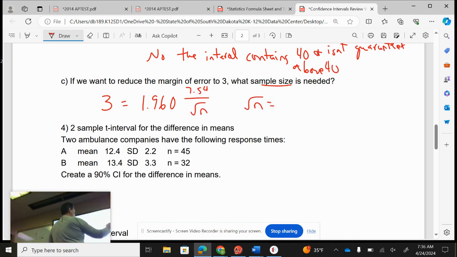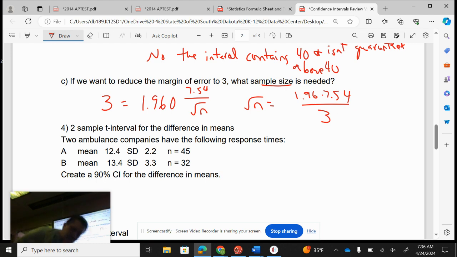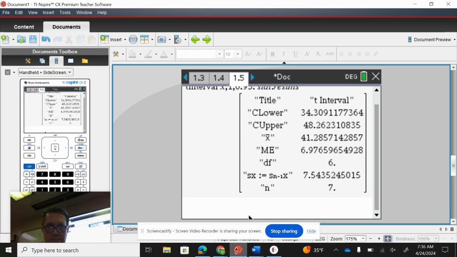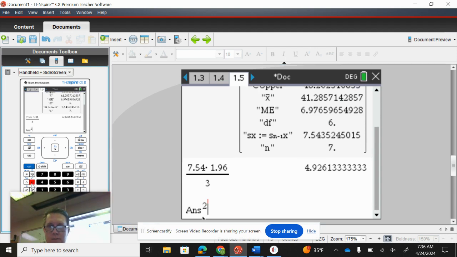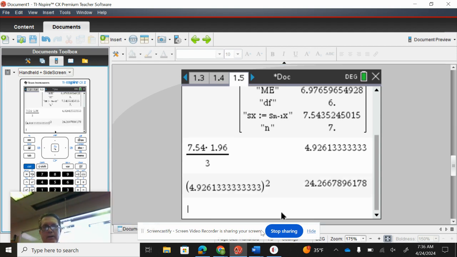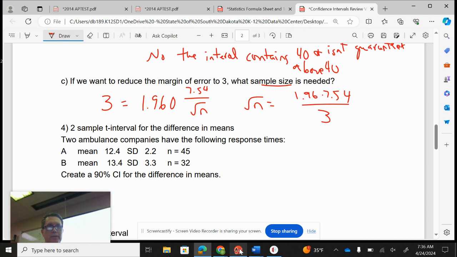Square root of n will equal 1.96 times 7.54, divided by 3, and then we have to square it. And squared. If I did that right, we need a sample of at least 25 to get that done.